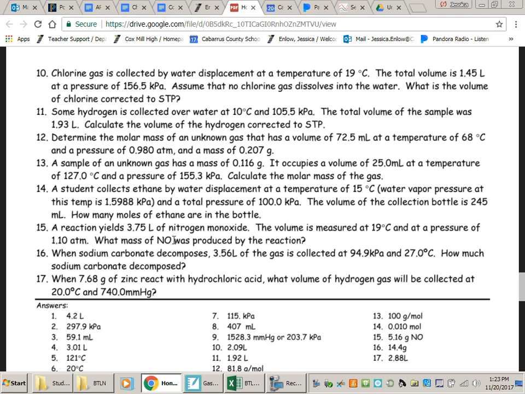I don't think it's combined yet. STP has degrees. So it's combined, right? Number 10, this is liters. Then you can take your volume and pressure.